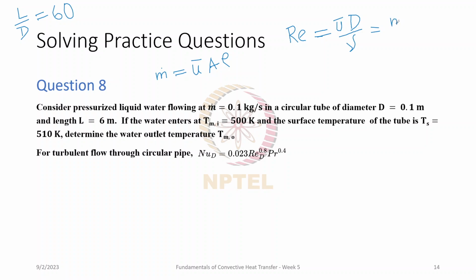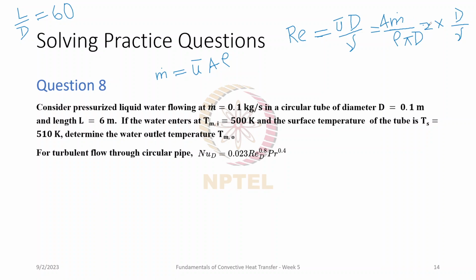U bar is written as m dot divided by rho a, and a is pi d squared by 4. So there is a 4 in the numerator. And this is multiplied by d by nu. And so this nu into rho, I can club them together and write as mu.